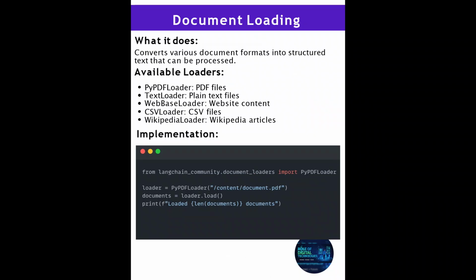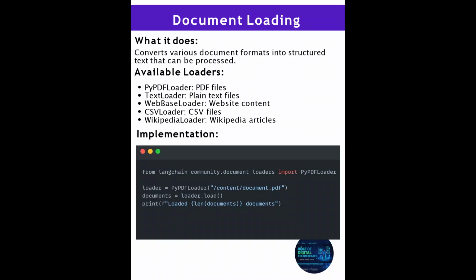Document loading: what it does is convert various document formats into structured text that can be processed. Already available loaders: PDF loader for PDF files, text loader for plain text files, web-based loader for website content, CSV loader for CSV files, Wikipedia loader for Wikipedia articles.